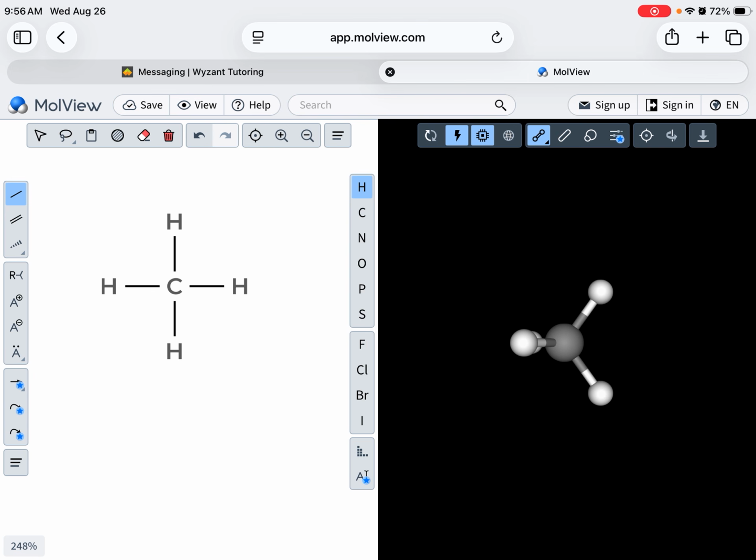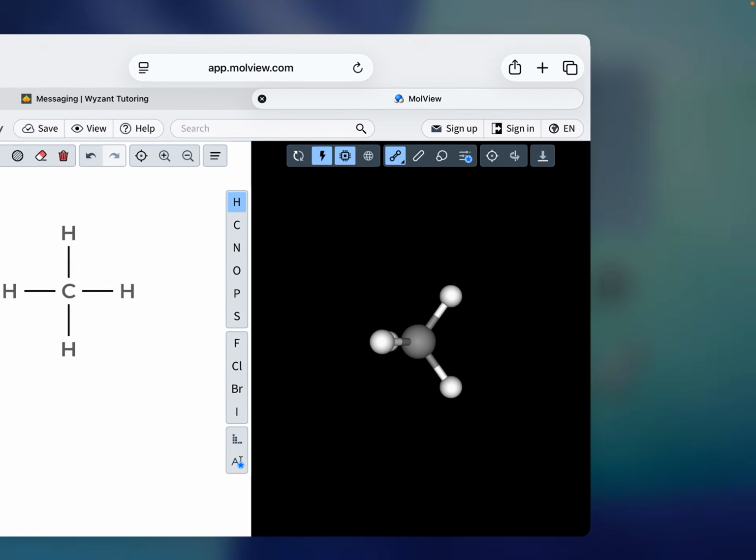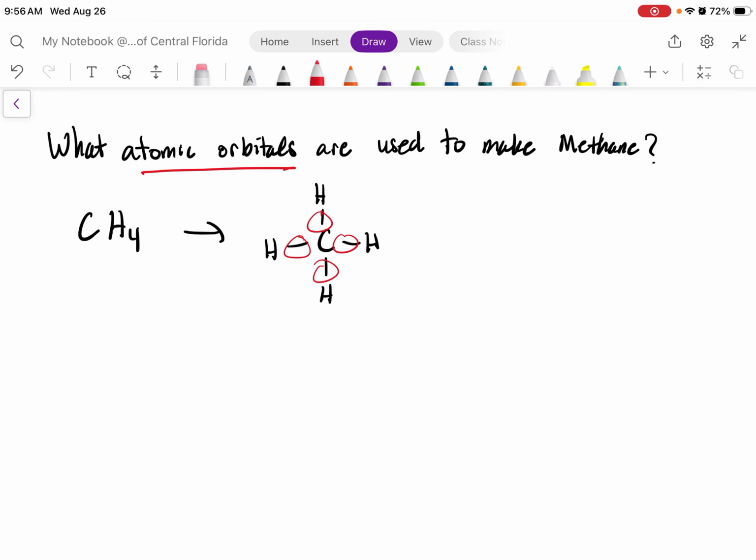Now when you take a look at the way I've drawn that molecule, you will see that the bond angle between this bond and this bond right there, the way I've drawn it, is 90 degrees. But based off of VSEPR theory, that's not true, because we want the electron clouds to get as far away from one another as possible.